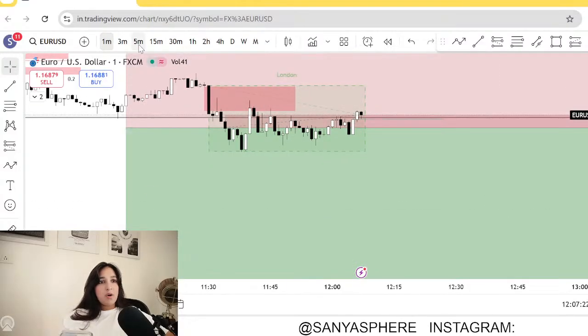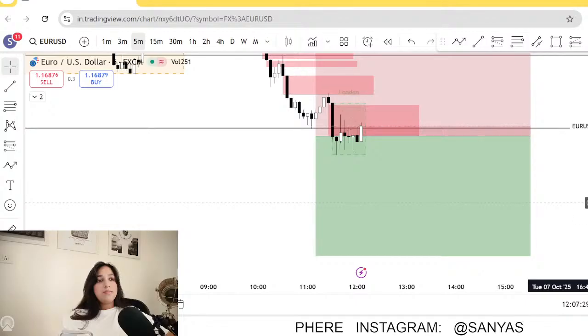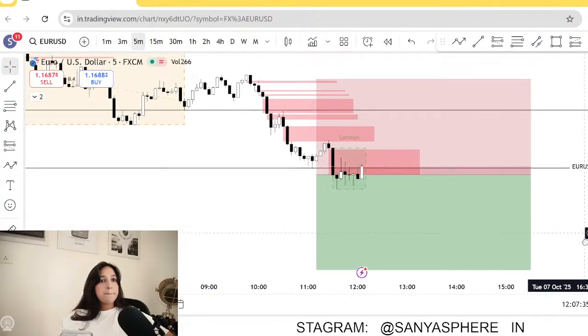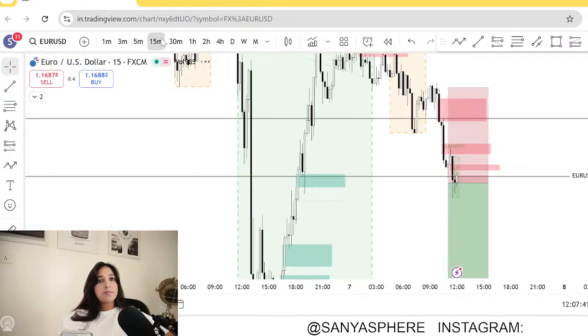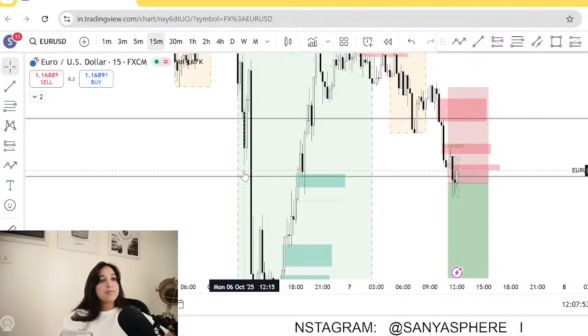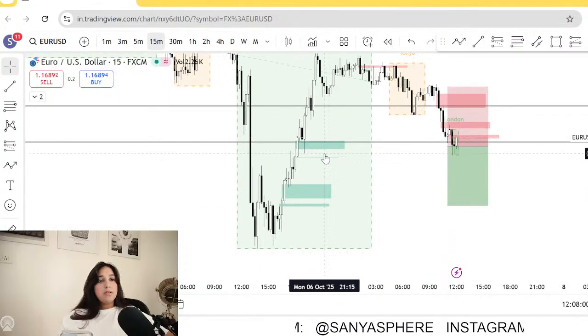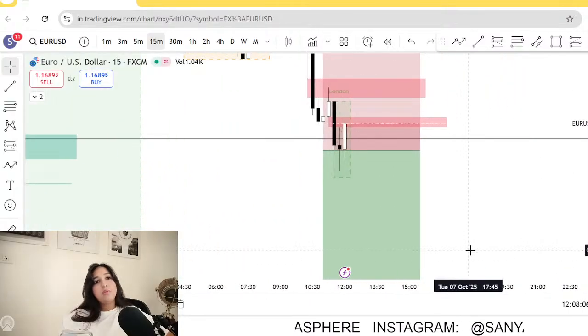But for now, I think it's almost consolidation happening. This 15 minute candle has been flipped.